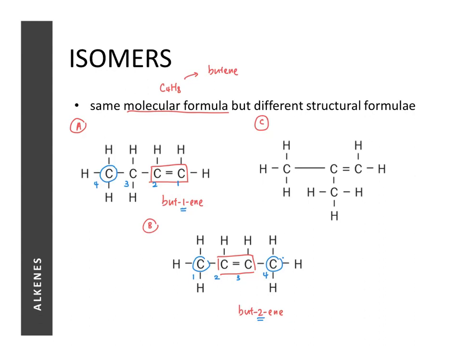Now structure C is totally different from A and B. This is similar to the one that we saw for alkanes. And in order to name this compound, again the keyword is the longest continuous chain.